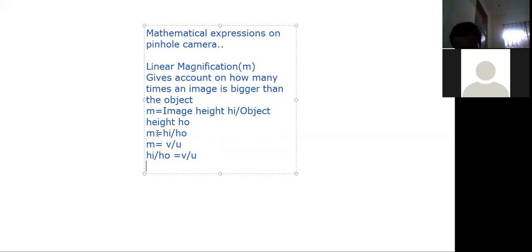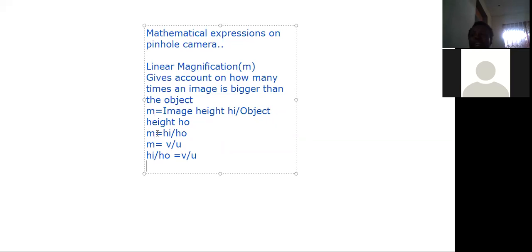Anytime you are given work, that is it. Now, if the magnification is greater than 1, then that means the image is bigger than the object. However, if magnification is lesser than 1, then that means the image is smaller than the object.